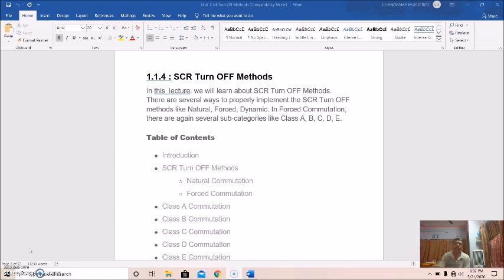There are several ways to properly implement the thyristor turn-off methods, like natural, forced, and dynamic. In forced commutation, there are again several subcategories like class A, class B, class C, class D, and class E. So, whatever we will discuss today is a brief description or introduction of this turn-off methodology.